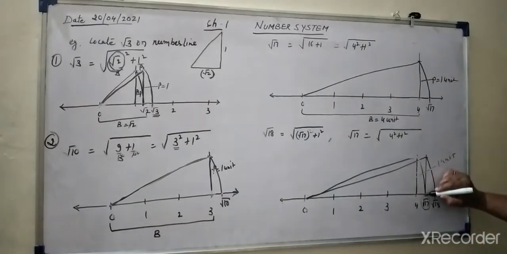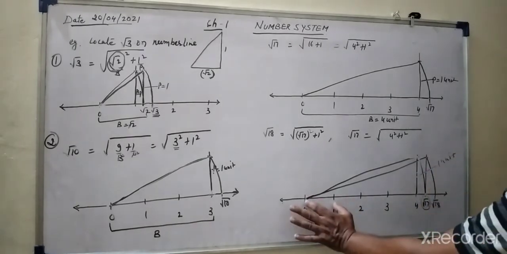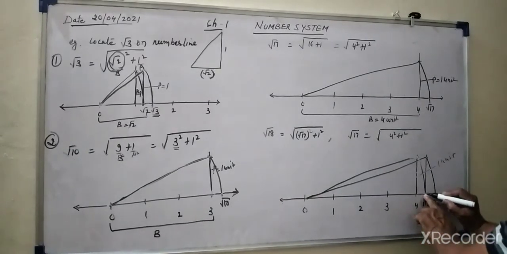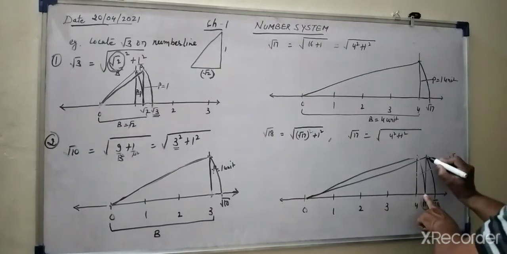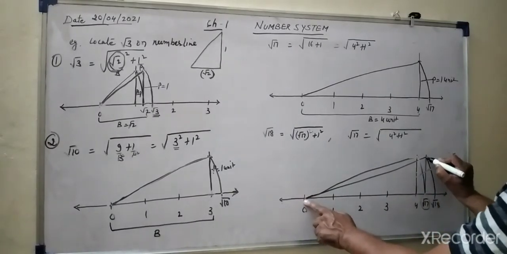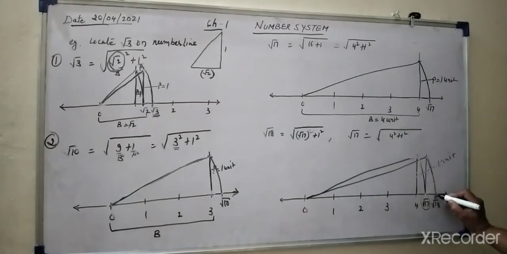Then at the point of root 17 you draw again a perpendicular of 1 unit. Open the compass to 1 unit, keep it here, and from here cut the arc. Join this arc again with 0, then open the compass from here to here and cut the arc. Wherever it intersects the number line, that is root 18.